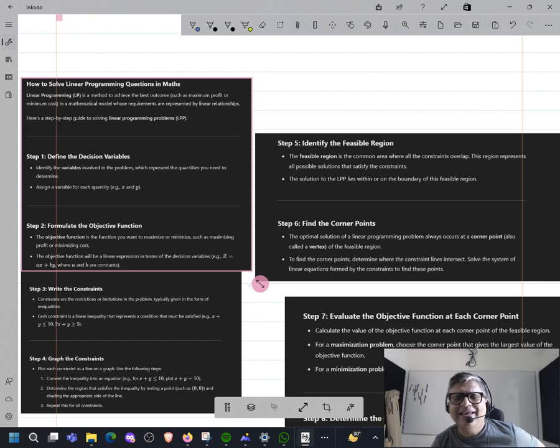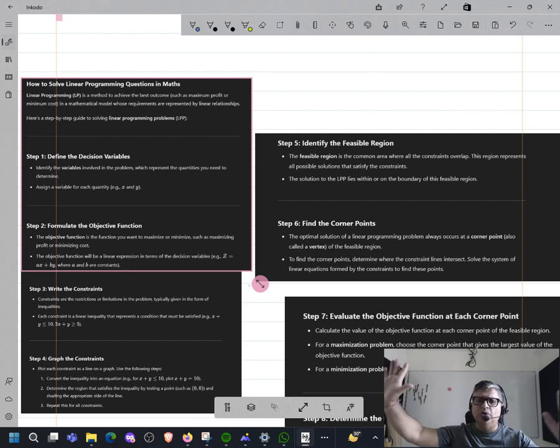When is inequality to be used? Wait for that. Right now, just concentrate on the method. The question will tell you the inequality, the greater than sign, right? But for the time being, mark x plus y equal to 60 and that 50,000 rupee equation. Just mark it. Let it go, right?